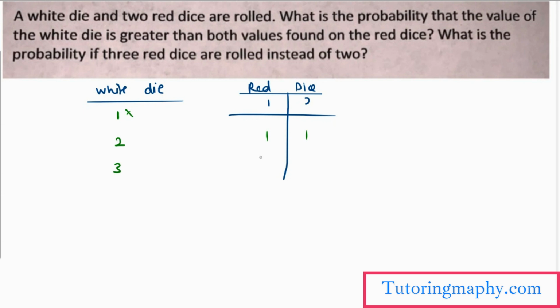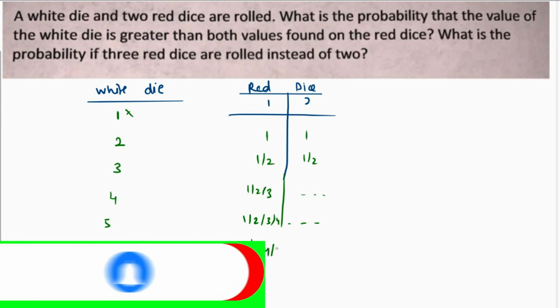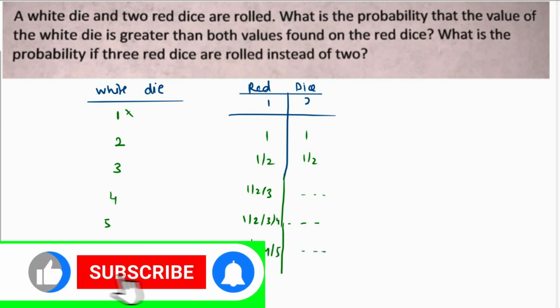It can have 3, so that each can have either 1 or 2. It can be 4, so this is 1, 2, or 3, and likewise 5, so this is 1, 2, 3, 4. And this is 6, so this is 1, 2, 3, 4, and 5. So these are the possible options.